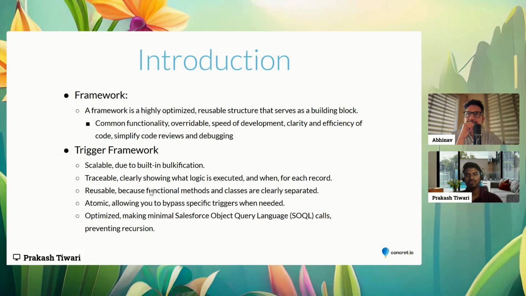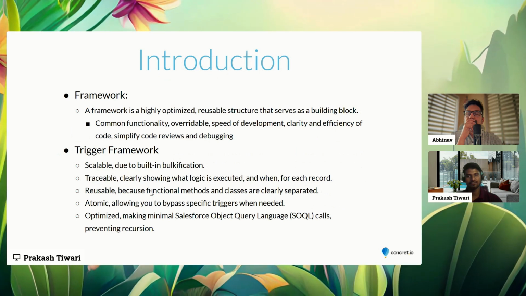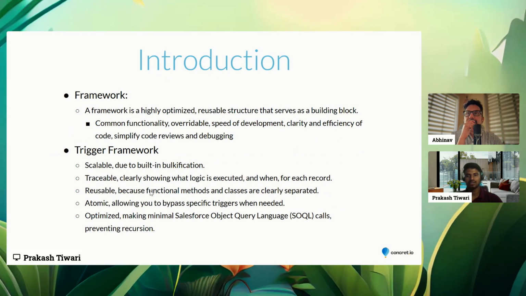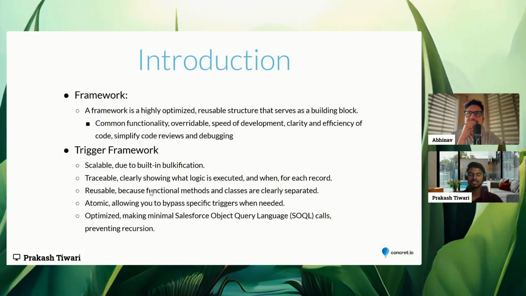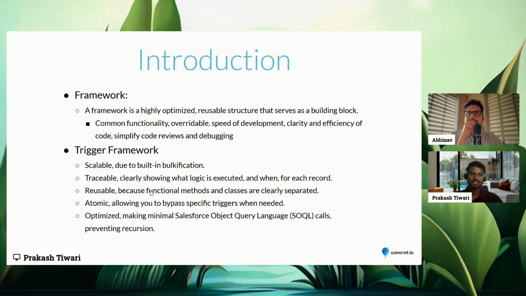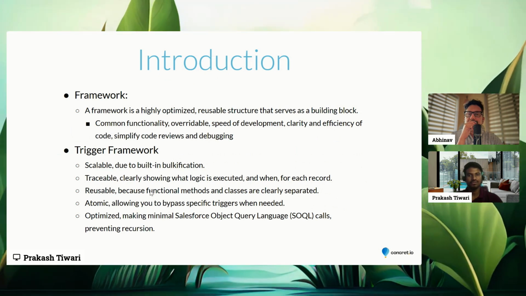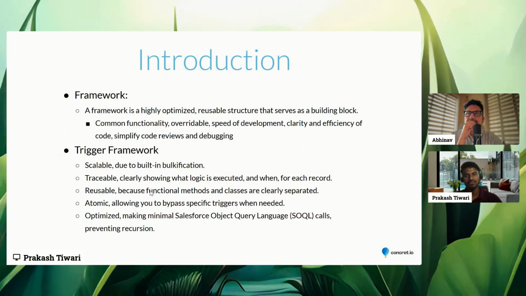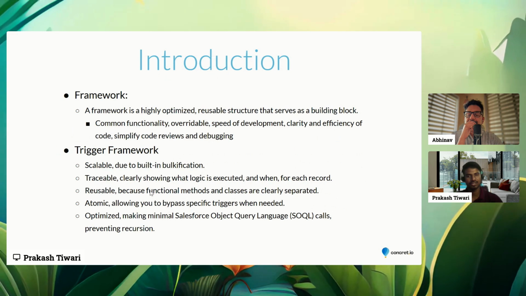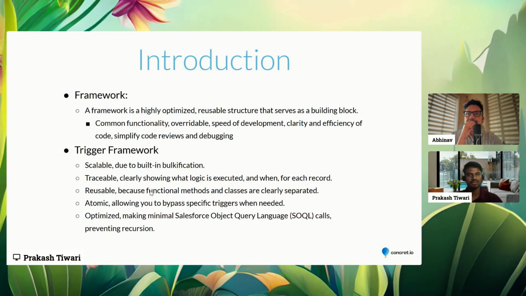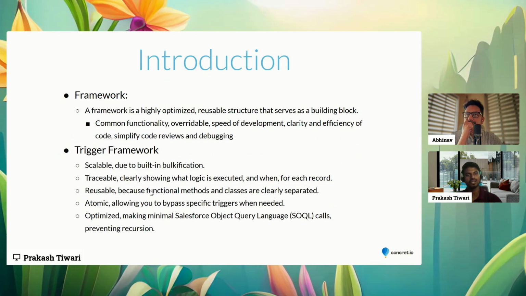And what is the common functionality that a trigger framework should have? First, it should be scalable. Whenever we write a trigger, it should have bulkified logic. So while developing any framework, that framework should be scalable to handle a bulk number of records. Another thing is traceable: we can easily trace which logic is going to be executed and when.